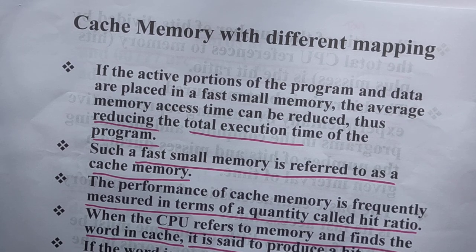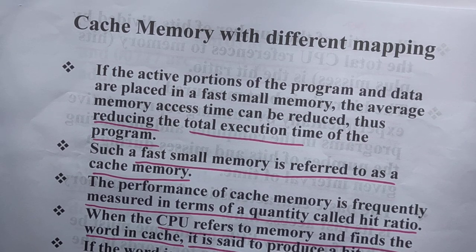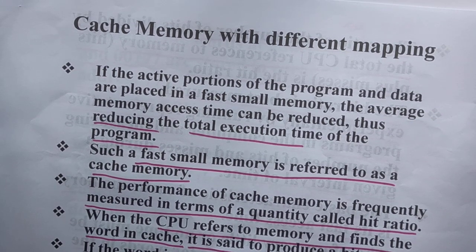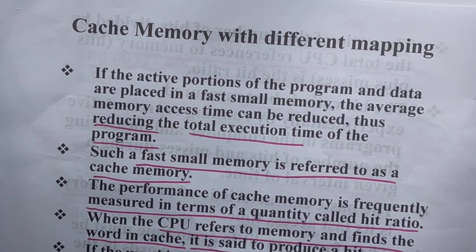Whenever necessary, we see whether our data is there or not. If data is there, then we can access it from cache memory, and we call it a hit. If not, we call it a miss. So in this way, different mappings, hit and miss, hit ratio and miss ratio are also designed through cache memory. I hope all of you understand this topic.